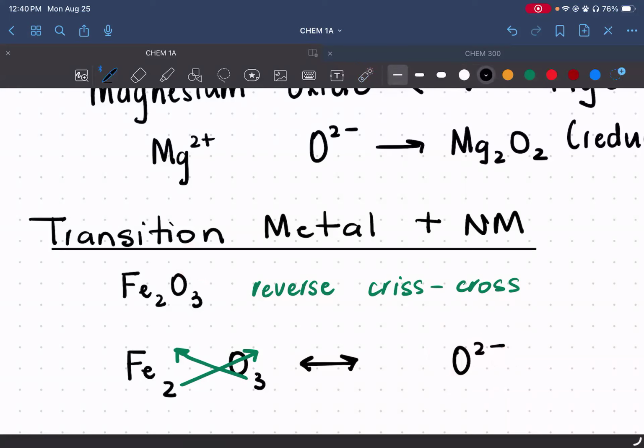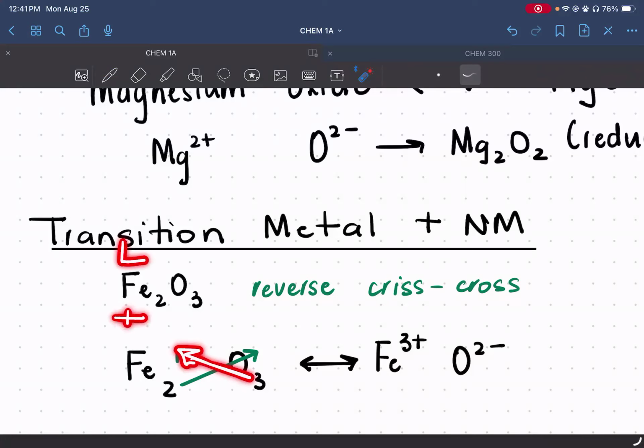All right, so what does that tell us about the iron? Which brave soul wants to tell me the charge of the iron? I see a hand. Positively charged, what number? 3. Very good. So you reverse crisscross that 3 back up, and it is on you to remember if it's on the left, it's positive.